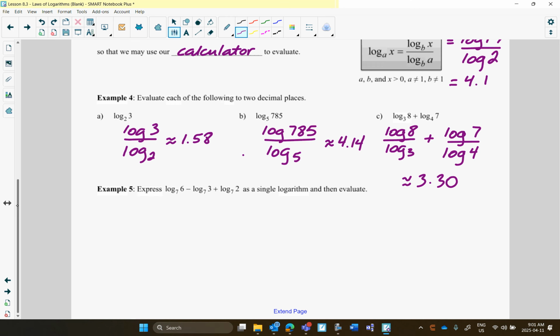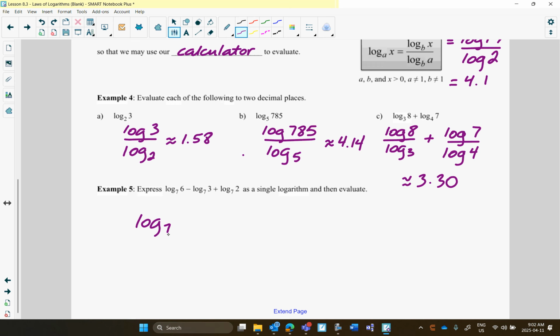Finally, this one, we've got numbers. We're asked to write this as a single logarithm, and then we're asked to evaluate it. Well, I can combine all these into a single log because all the bases are the same. So I'm going to get log base 7 of, how am I going to do it? 6 divided by 3 times 2, or 6 times 2 divided by 3. Either one, it's going to get you the same answer.